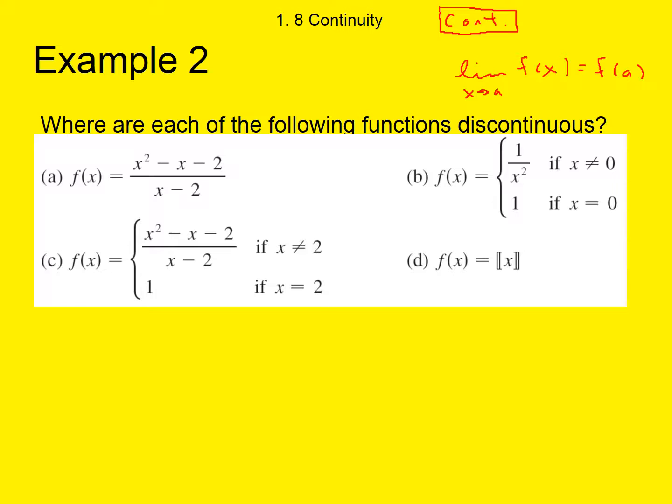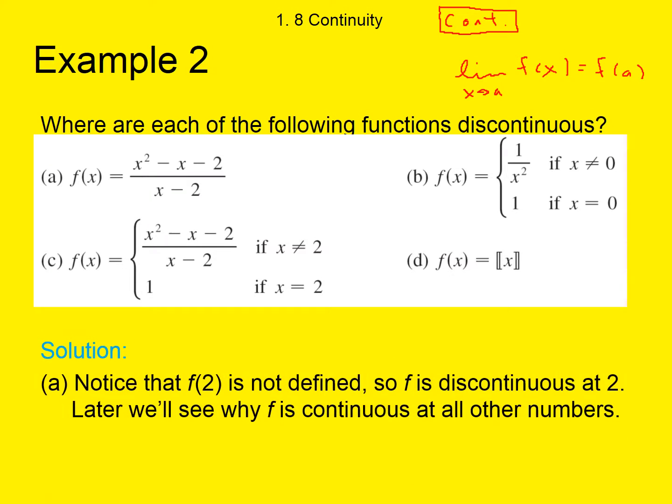Well, what about part A here? Where is it discontinuous? Well, it's not even defined for x equals 2, so it's not going to be continuous there. There's going to be some sort of break in the graph of the function because it's not even defined at 2, right? 2 zeroes out the denominator.